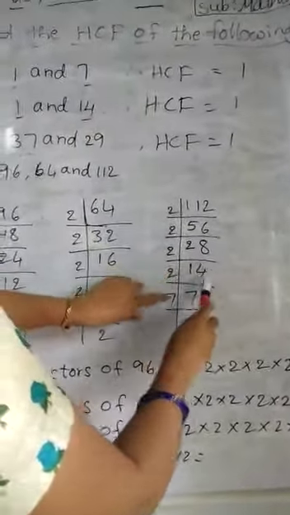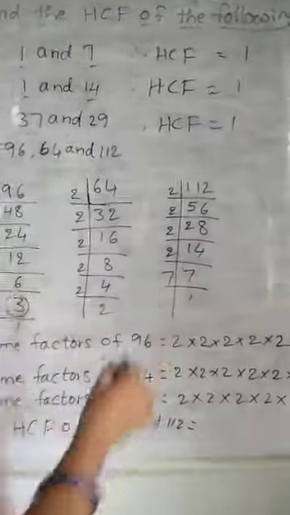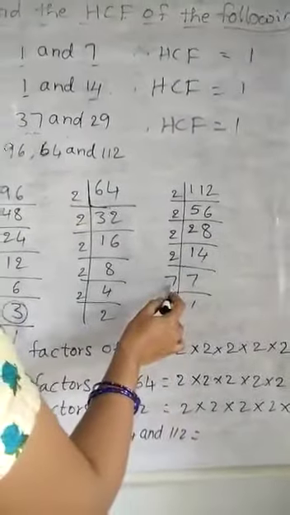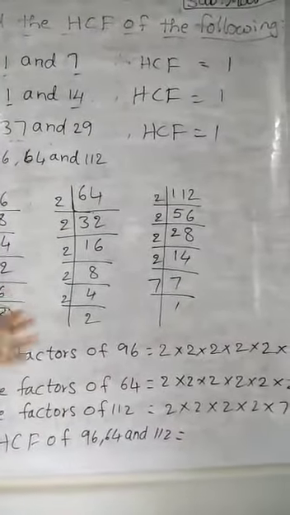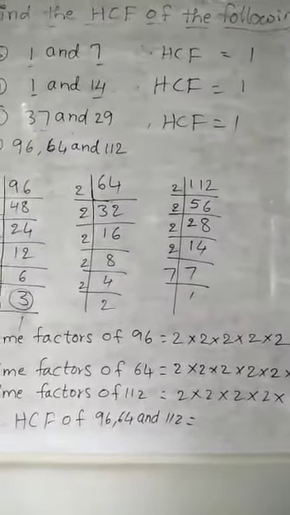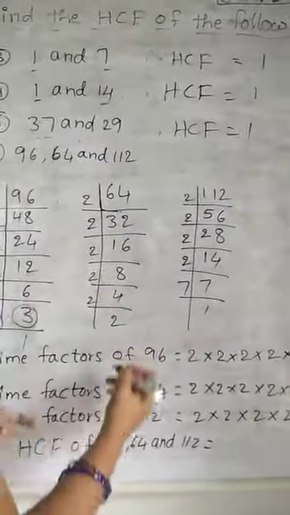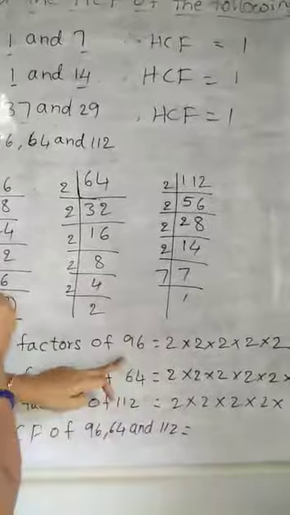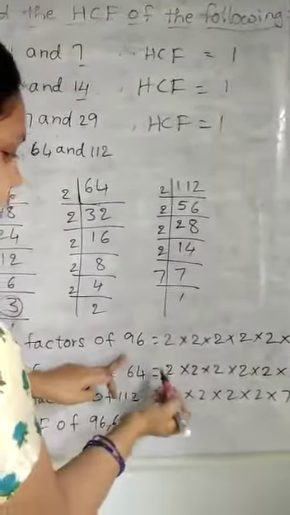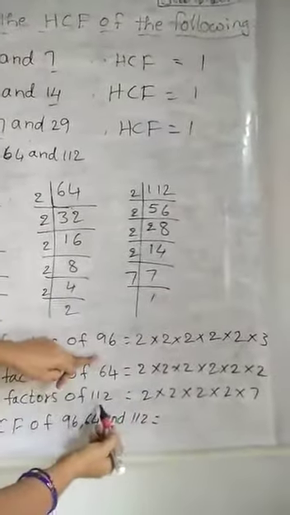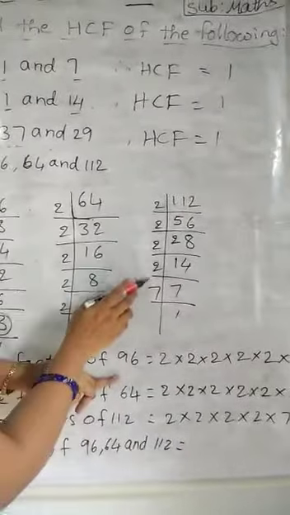Are there any possibilities for 7? Can we write factors? No. 7 is also a prime number, and we get the prime factors. So these are the prime factors of 96, 64 and 112. 2 into 2 into 2 into 2 into 7.